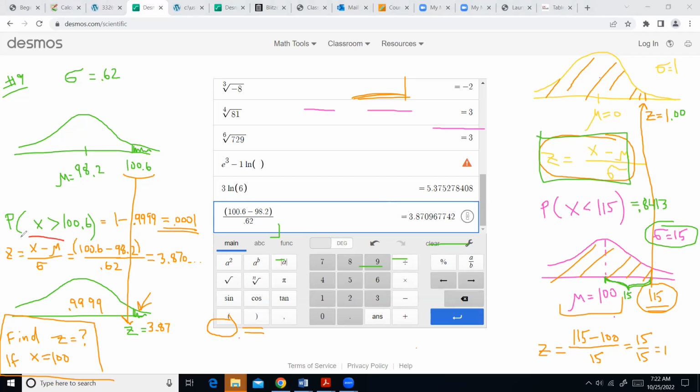So I used this formula to find a z-score, and I plugged in 100.6 and some other stuff. So the only thing that you're going to change is 100.6. So I want you to practice using your calculator carefully without a hurry. So please do that, and please put your answer here in the Zoom chat. And I'm going to stop recording.